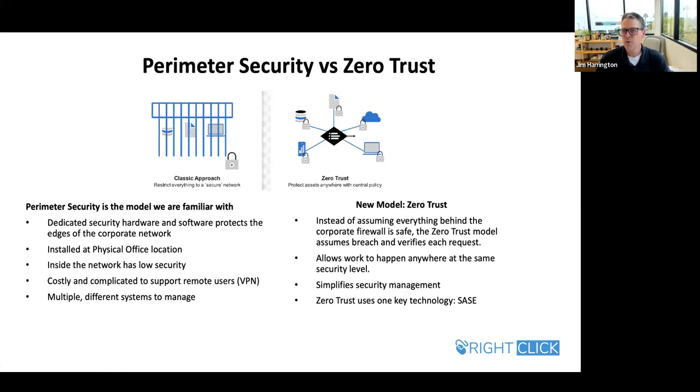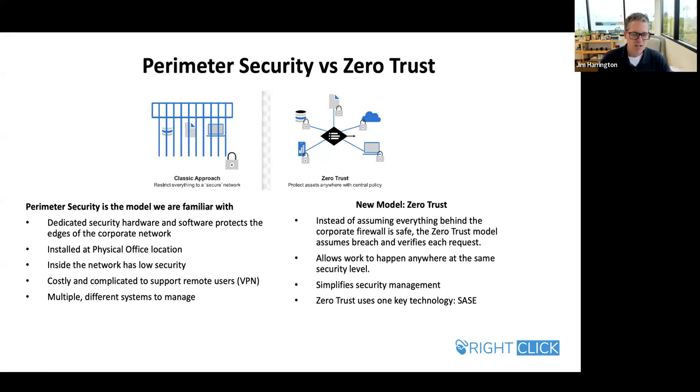Now, here's where we can compare the old model versus the new. So perimeter security is probably what comes to mind when we think of cybersecurity for a business. It's like how you would defend something in the real world, like maybe a military base.